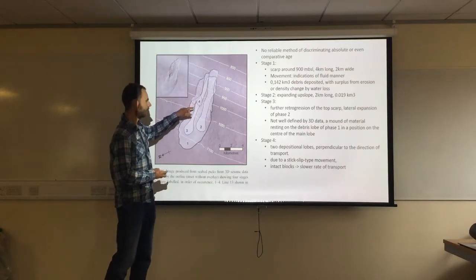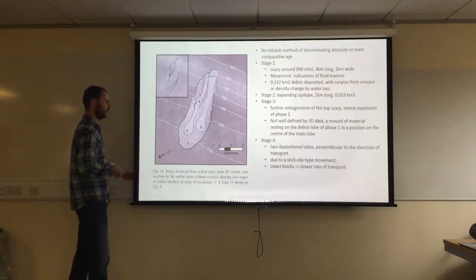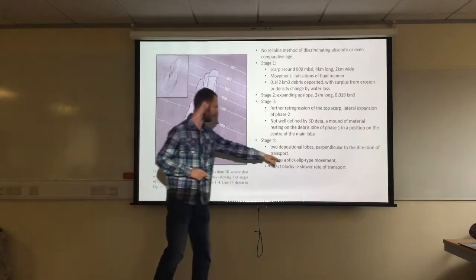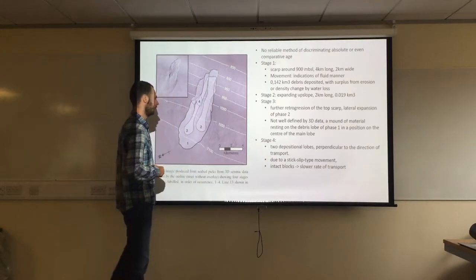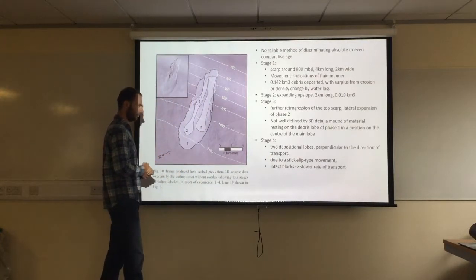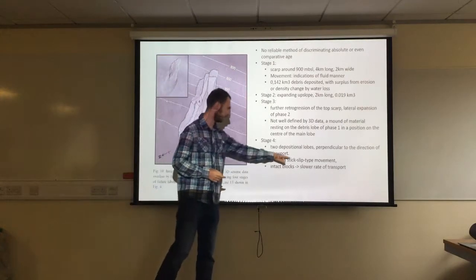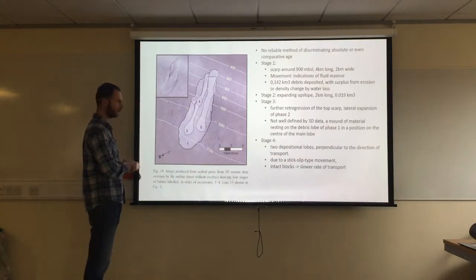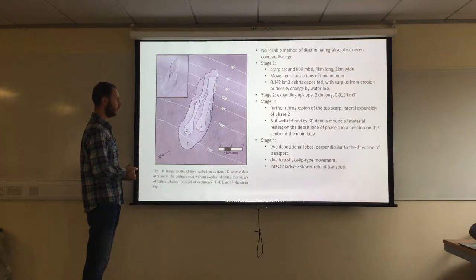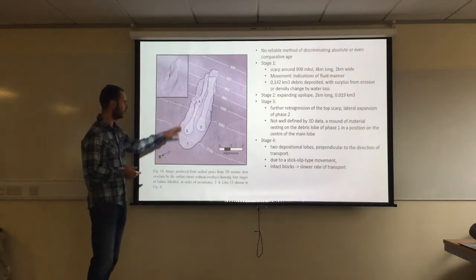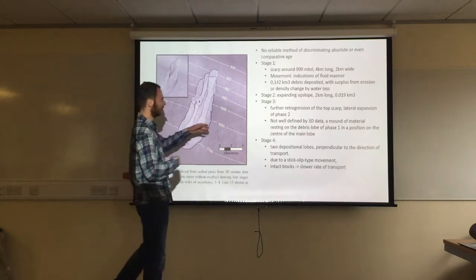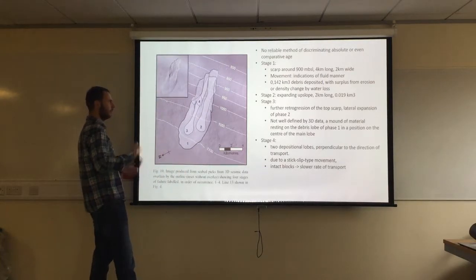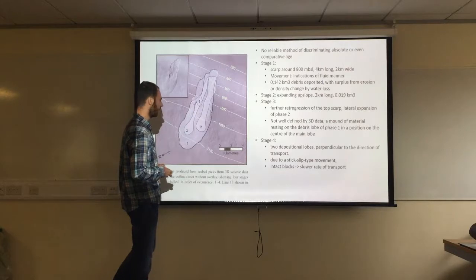But for the fourth phase, it was a bit different: they could see some intact blocks in the seismic data, and this phenomenon was related to a different type of movement, stick-slip type movement. So it was not a real flow like the others, indicated by the fluid manner, but a slower, more stable movement.